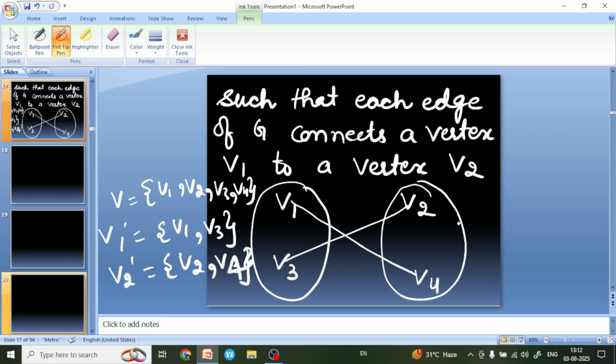This is your another graph. In simple words, you can say if its vertices can be divided into two subsets, like this is V1 dash graph and this is V2 dash graph.